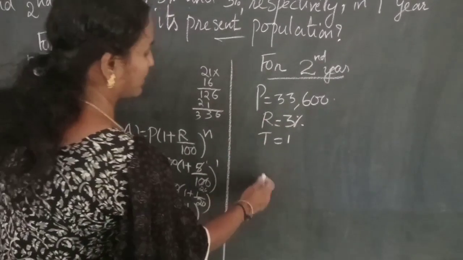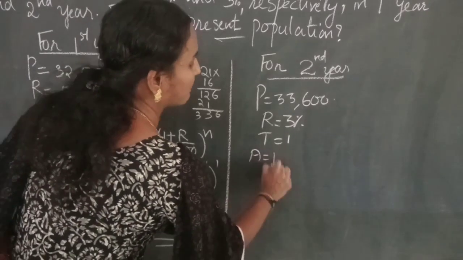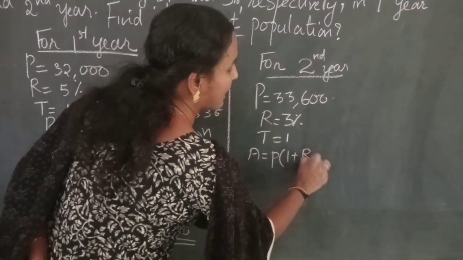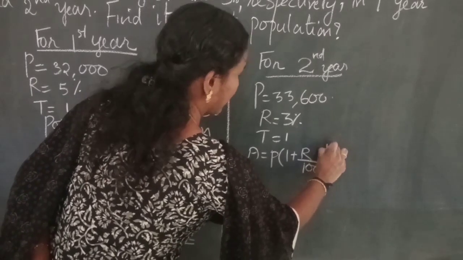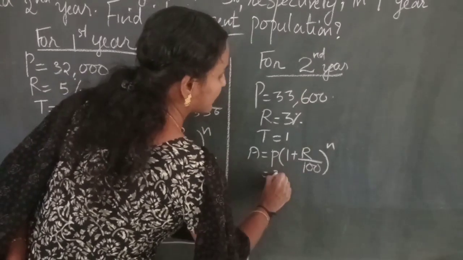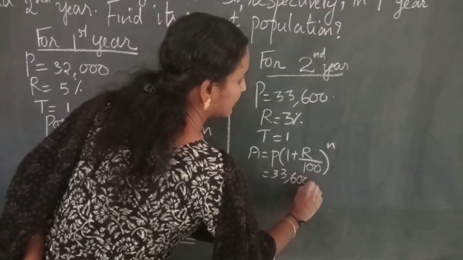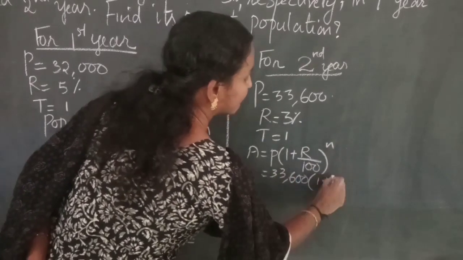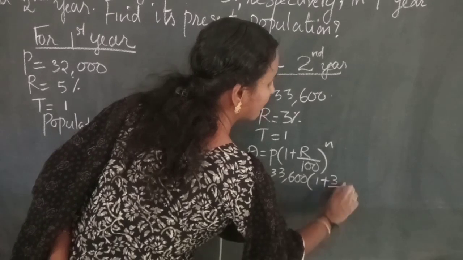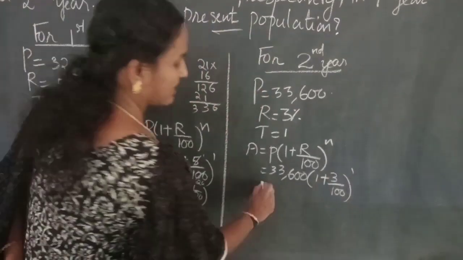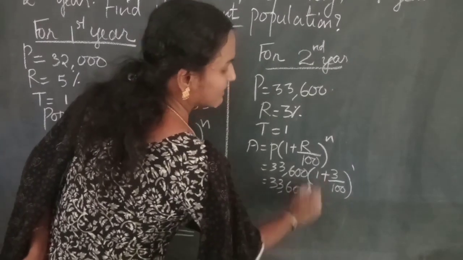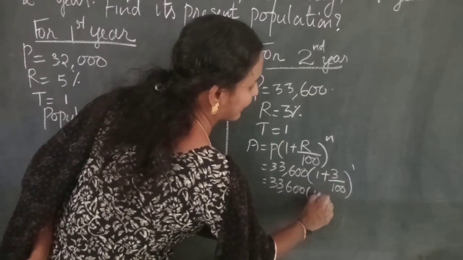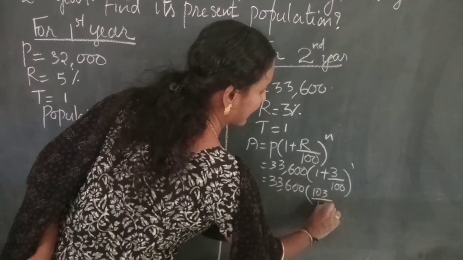Then substituting A is equal to P into 1 plus R by 100 the whole power N. So 33,600 into 1 plus 3 by 100 the whole power 1 is equal to 33,600 into the LCM 100 plus 3, 103 divided by 100.